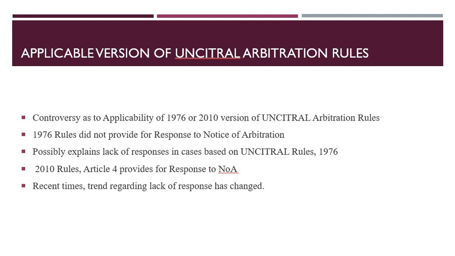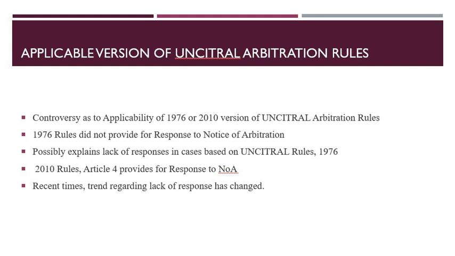There is also an interesting aspect. If you go through cases in international investment law under the 1976 version of the UNCITRAL Arbitration Rules, you will hardly find cases which have a response to notice of arbitration. Whereas under the 2010 version of the rules, there is Article 4 on response to notice of arbitration after Article 3. In the 1976 rules, there was no provision equivalent to the present Article 4.